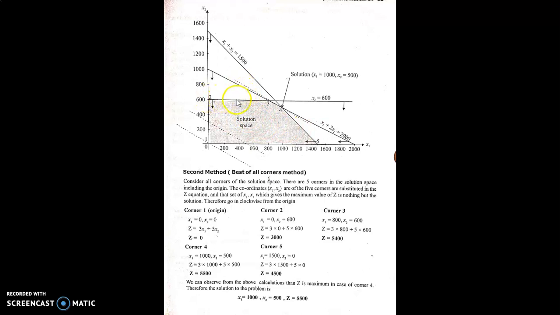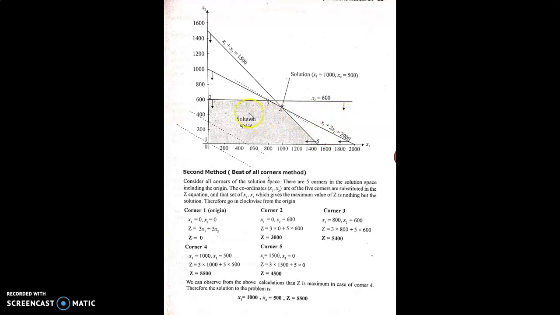Next, x2 is less than or equal to 600. Below this line, whatever portion is there is all solution space for this equation. But if I consider this point, where my mouse cursor is, it is a solution space for this equation but not for the other two equations, as it is greater than, isn't it?